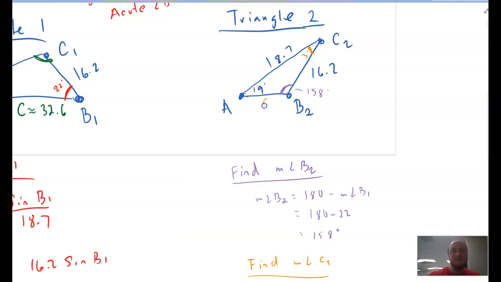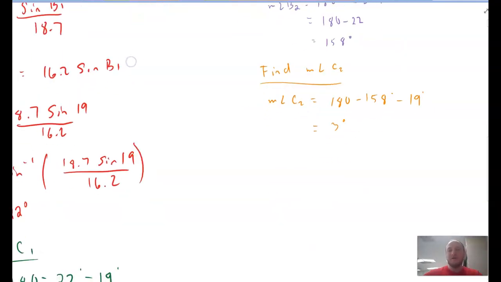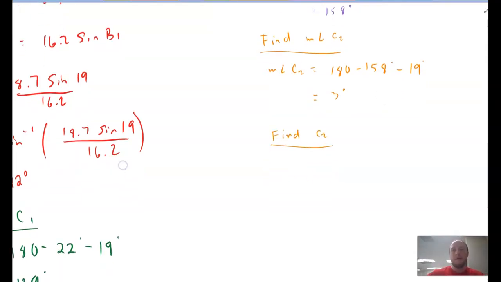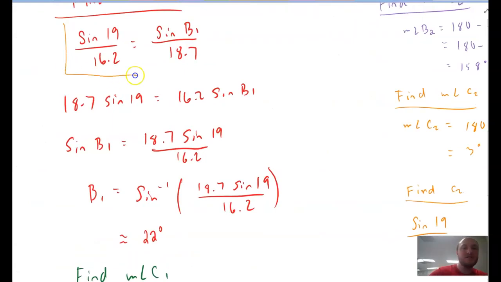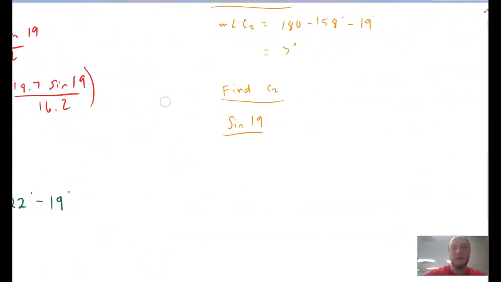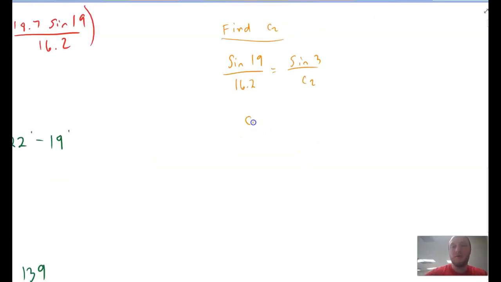All right, so I know that this is 3 degrees. So what are we missing? We're missing side C2. So now I'm going to find C2. Well, sine of 19 over 16.2, right? This is what's given. That's that given relationship that you just keep going back to. Sine of 19 over 16.2 is equal to sine of 3 over C2. We'll cross multiply.